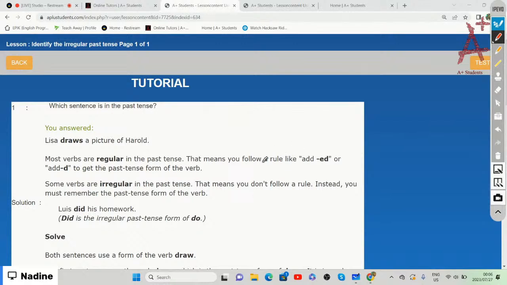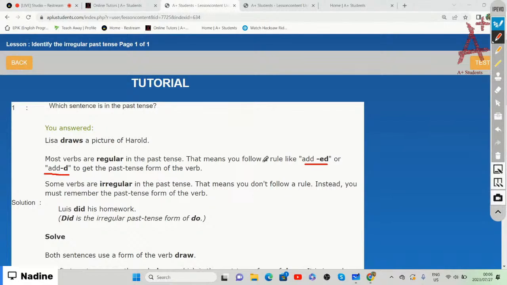So this means that you follow a rule like either adding ed or adding a d. We add a d if the verb ends with an e, to get the past tense form of the verb. But now, some of the verbs are irregular in the past tense, right? And this means that you don't have to follow a specific rule.